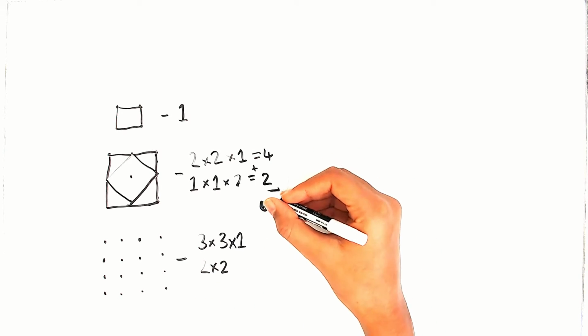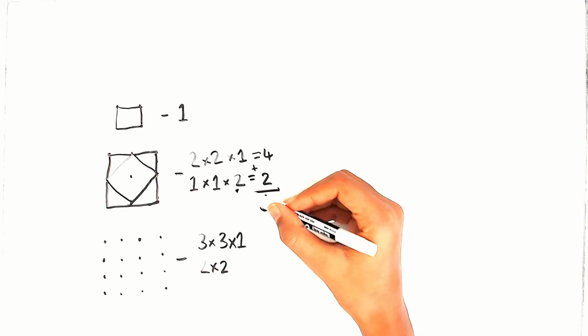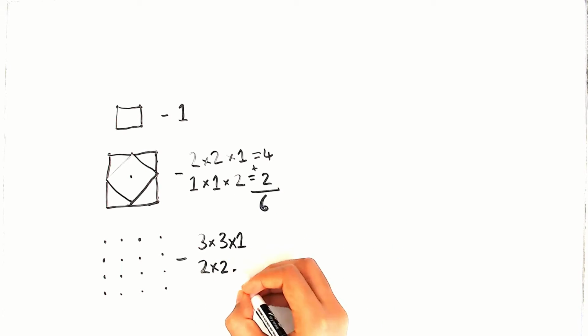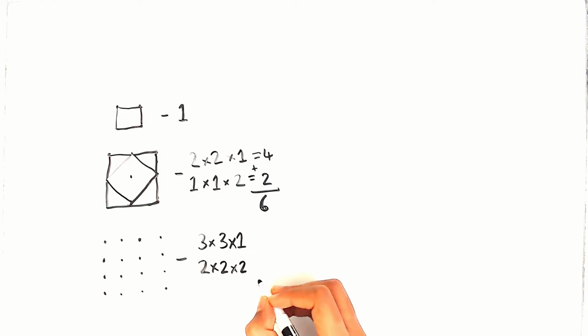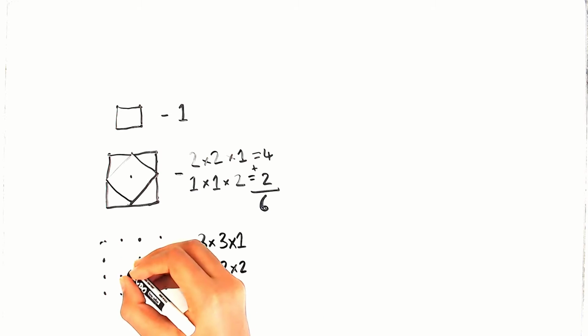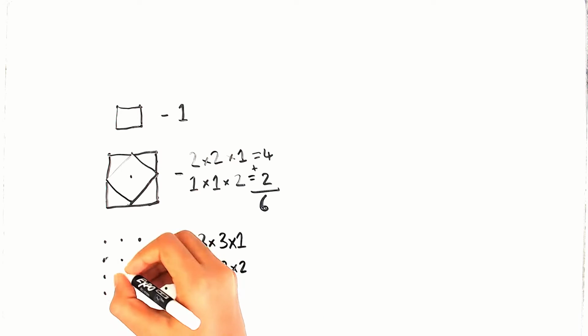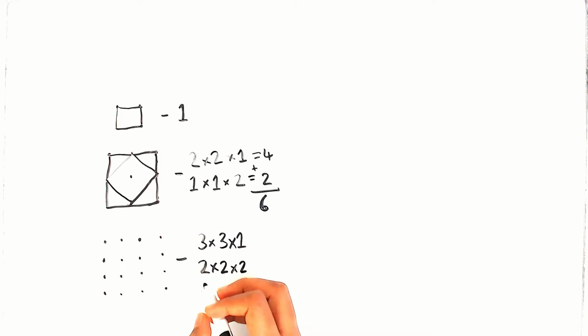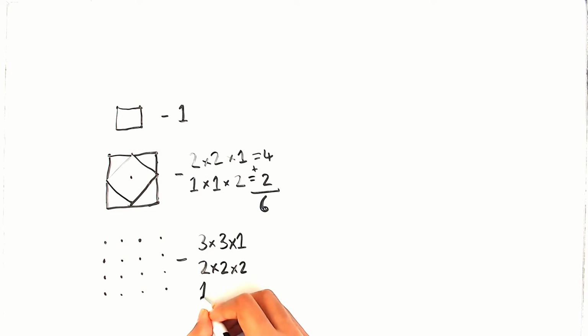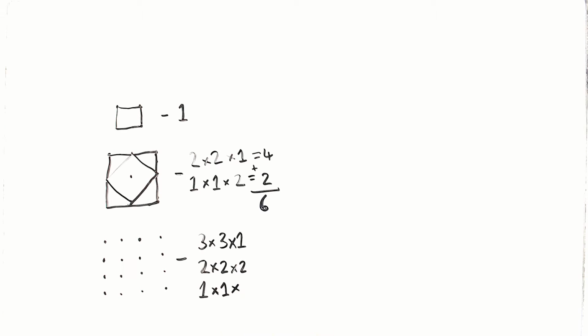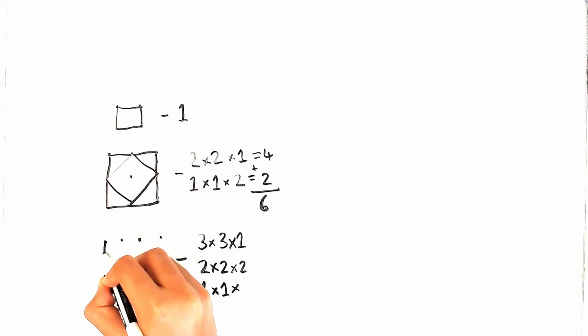So we can actually make 2 squares in that one square. So we times 2. Now let's go with 4 by 4 dot squares. So we were using the whole square. So that means we do 1 times 1.